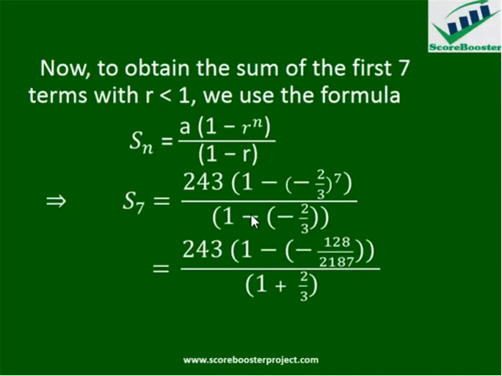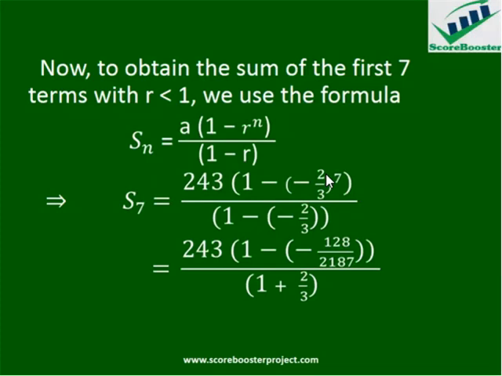243 into brackets 1 minus, if you multiply minus 2 seven times, which is minus 2 multiplied by minus 2, will give plus 4. Plus 4 multiplied by minus 2 will give minus 8. Minus 8 multiplied by minus 2 will give plus 16. Plus 16 multiplied by minus 2 gives minus 32.